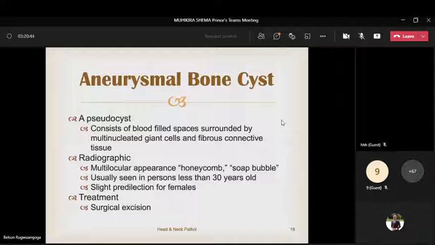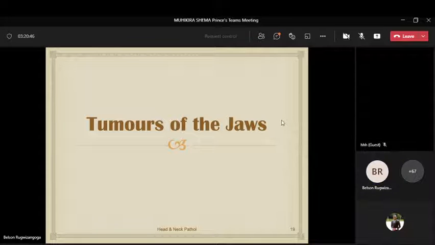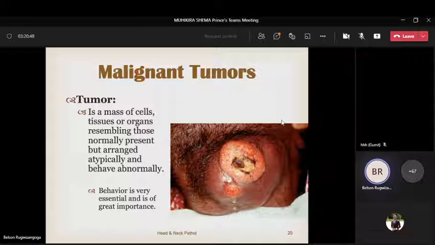So then we continue with the tumors of the jaw. There are malignant tumors. Of course, as you know, malignant tumors will destroy surrounding organs, causing ulceration.